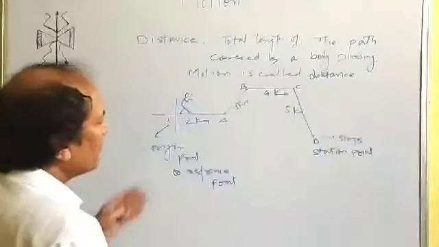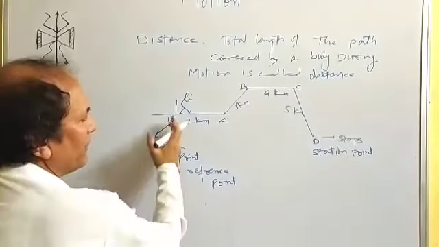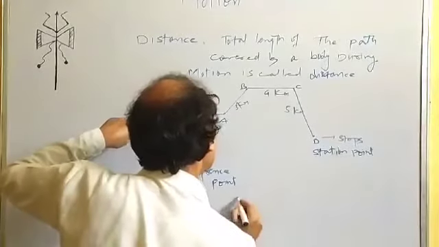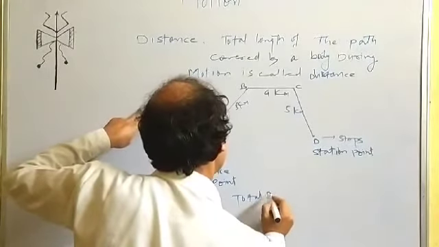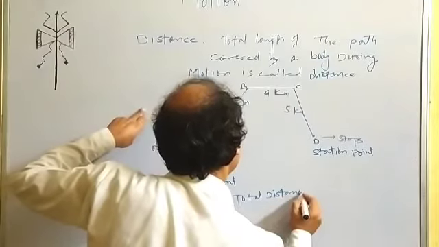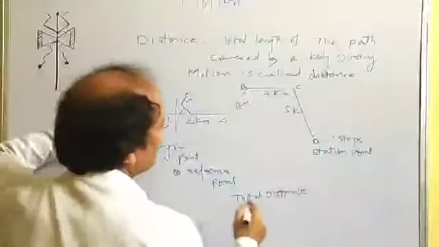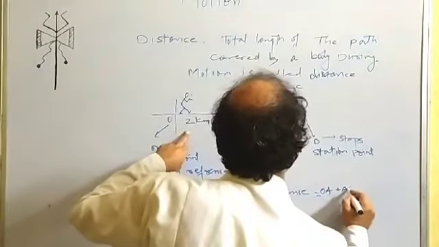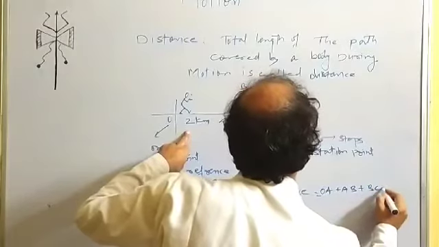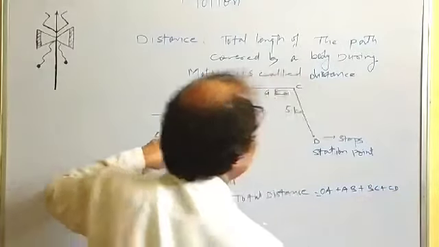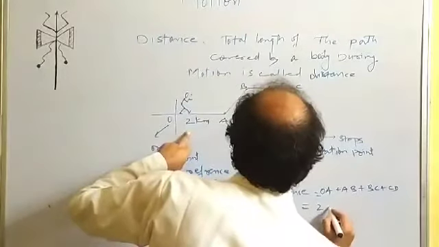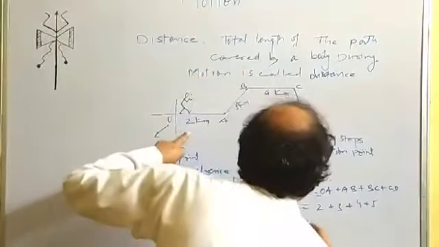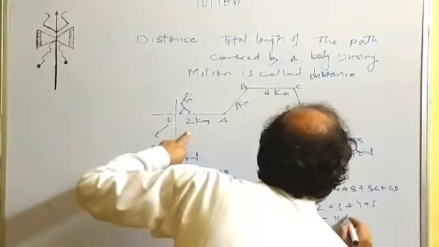So now the distance, the full length of the path between the origin point and the station point. So the total distance is equal to OA plus AB plus BC plus CD. Means 2 plus 3 plus 4 plus 5 equals 14 kilometers.